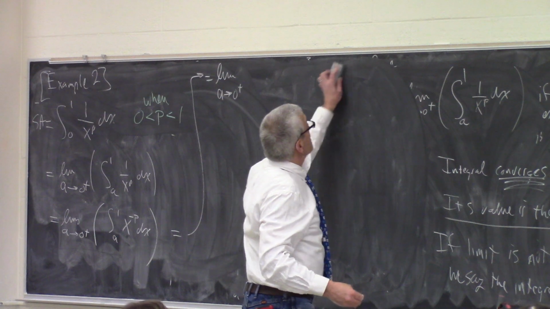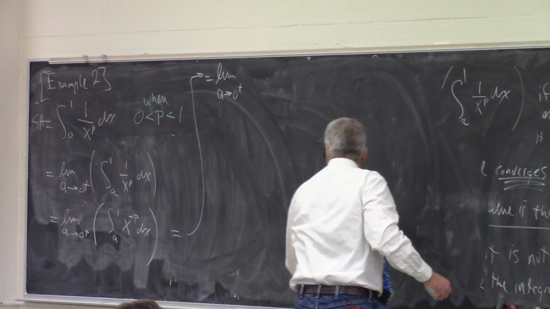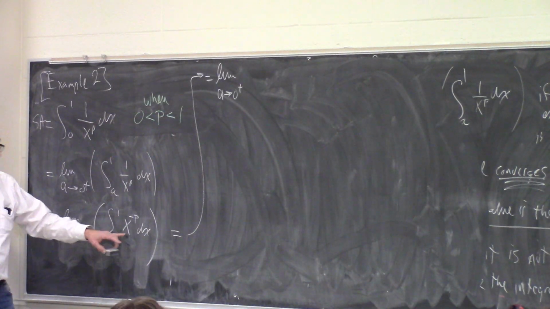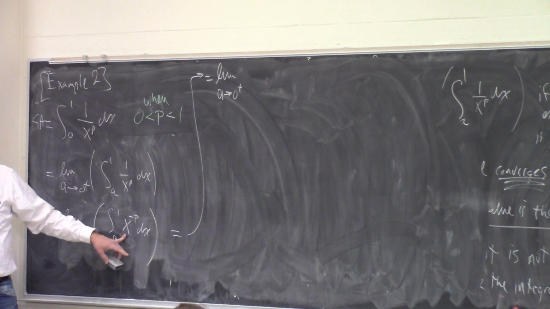The rule starts with p and rhymes with our rule. What's an antiderivative of x to the minus p? The power rule for antiderivatives. How about the power rule for derivatives? What's the derivative of x to the minus p?